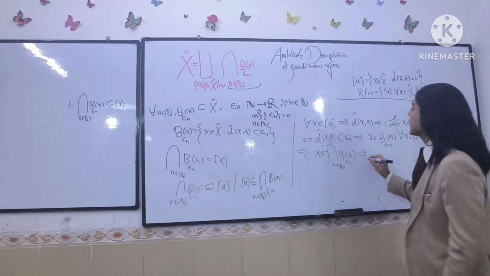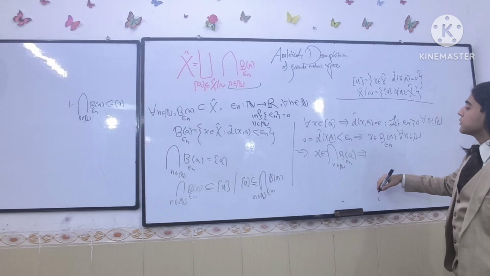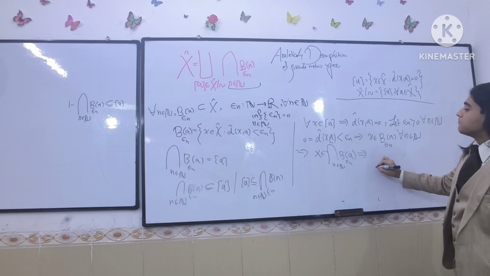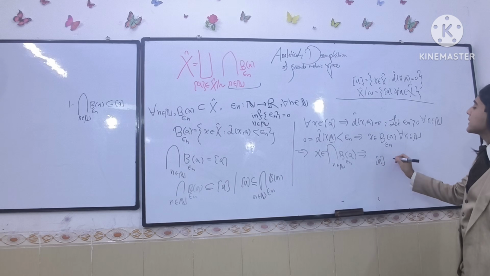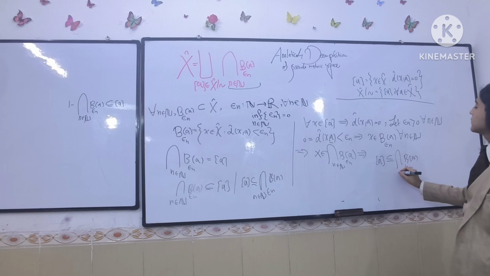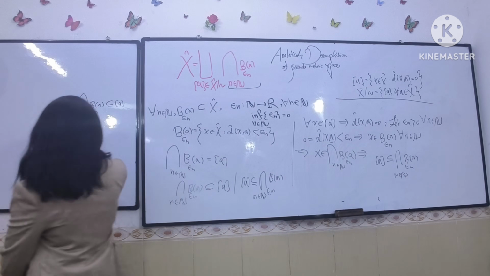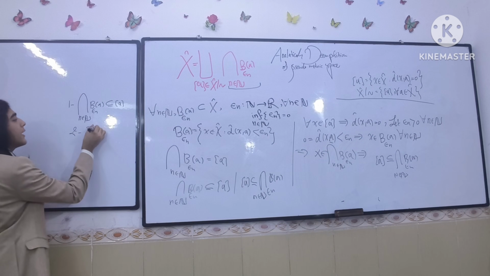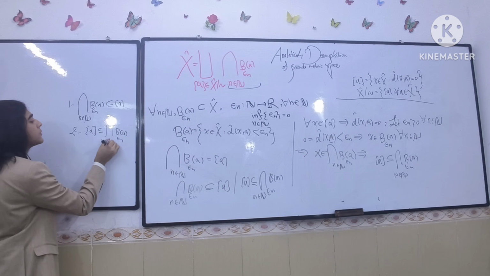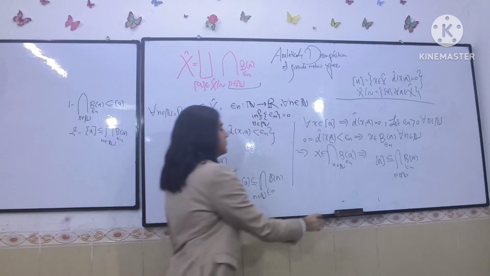So we can conclude that the equivalence class of A is a subset of the intersection. That is the second result.